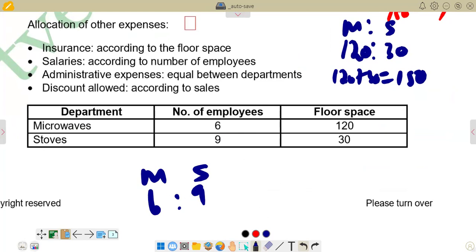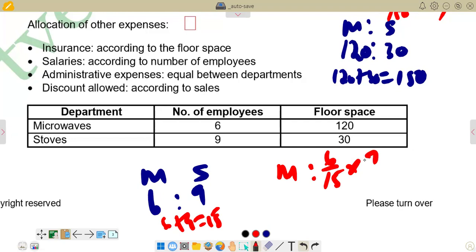So for microwaves, if you add 6 plus 9, you get 15. So what we are doing for microwaves, we are saying 6 over 15, and then we multiply by the figure that we have for salaries, which is 78,000.